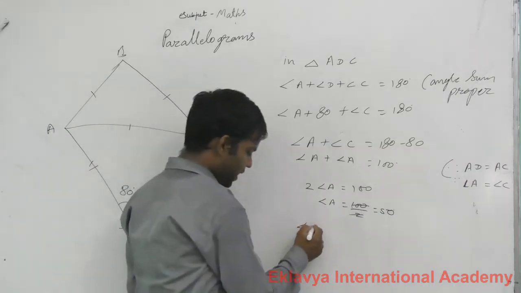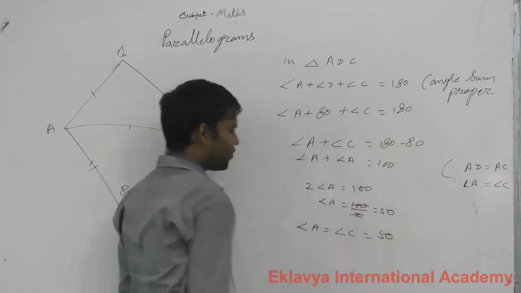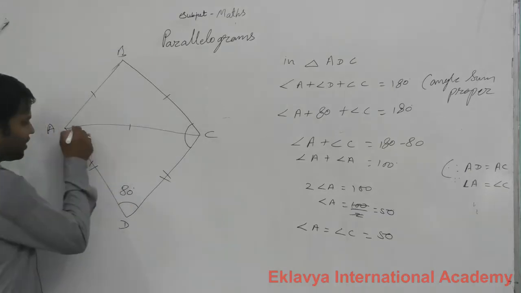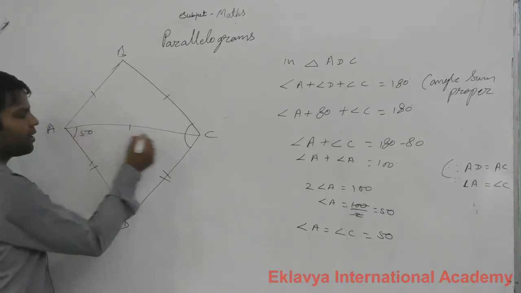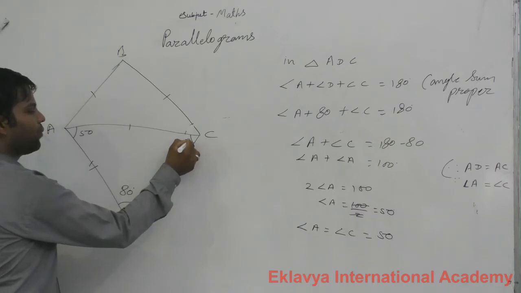So angle A is equal to angle C, which is 50 degrees. So this one angle A is 50 degrees, this one angle C is 50 degrees.